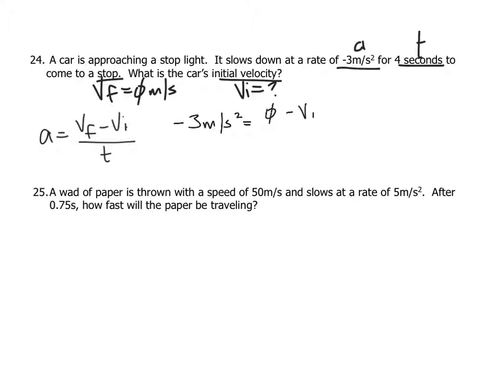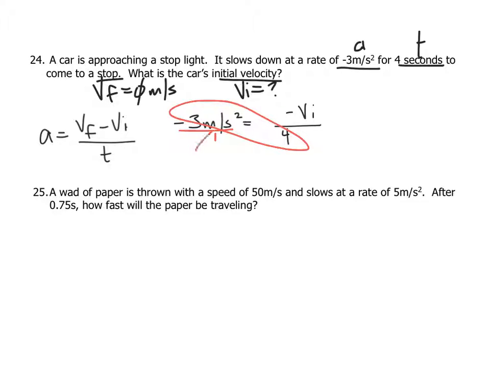Initial velocity is unknown, and time is 4 seconds. Okay, so 0 minus VI is simply just a negative VI. And now I can cross multiply.